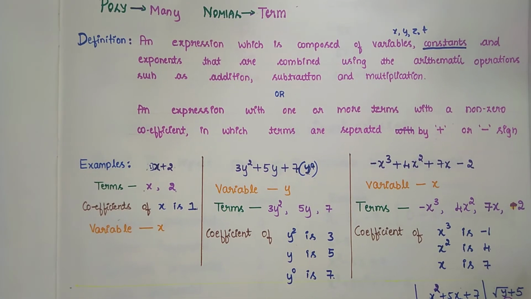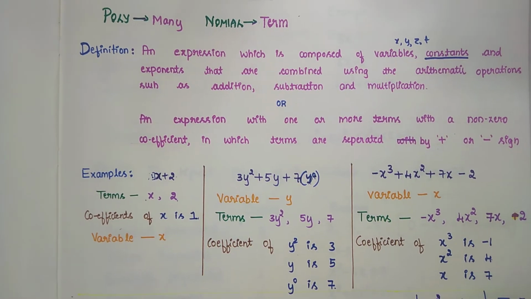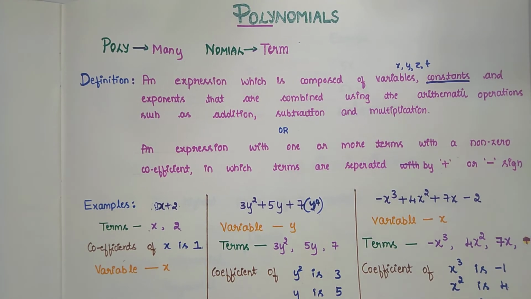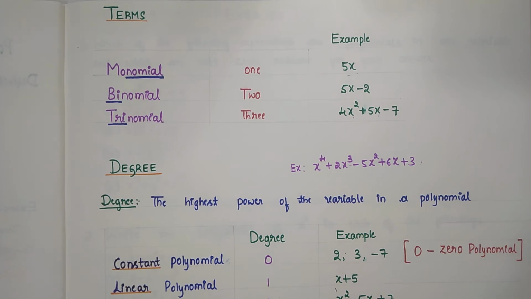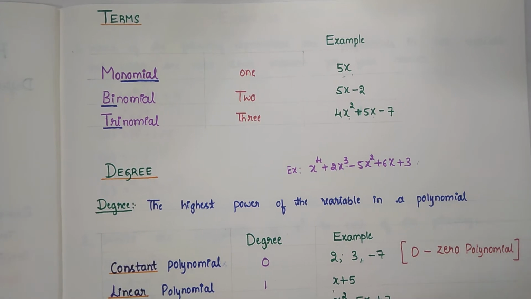So this is about the meaning, definition and some of the examples for the polynomial, and also about the terms and coefficient of the variable. Now let us see how the polynomials are categorized based on the number of terms and degree of the polynomial.